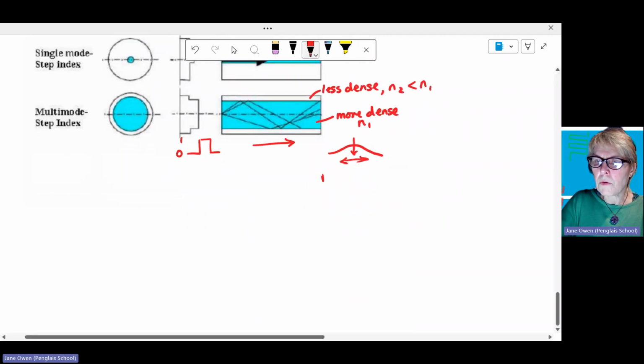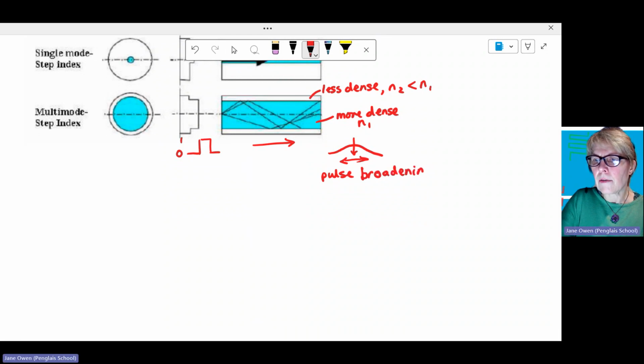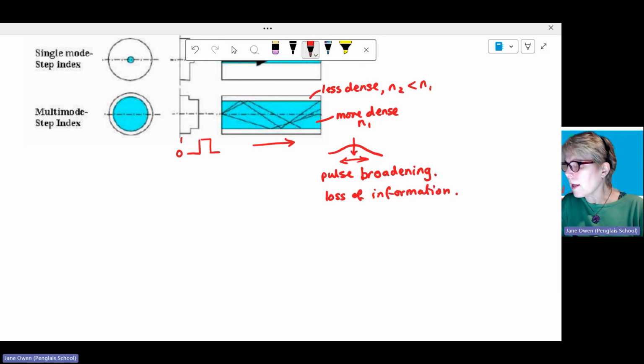This is what we call pulse broadening, and basically it leads to a loss of information. This is looking now at what we call multimode dispersion, and this is part G.